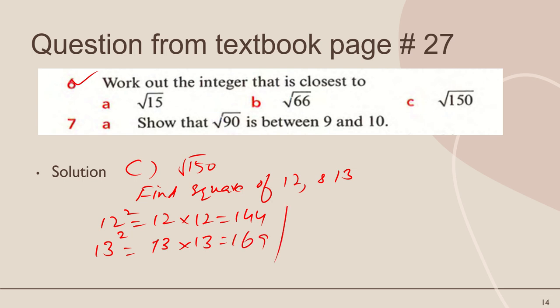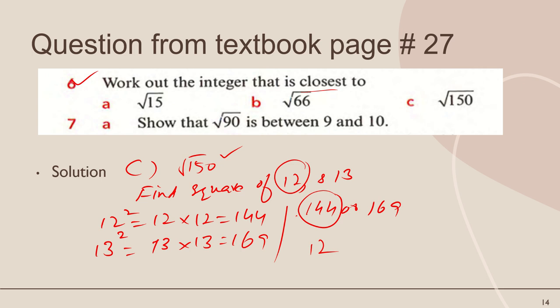So which number is closest to 150, 144 or 169? The number 150 is much closer to 144. So the closest number to 150 is 12, because the square of 12 is much closer to 150.